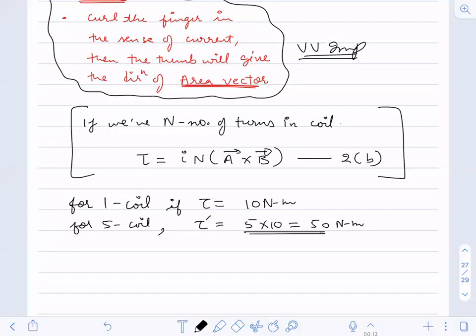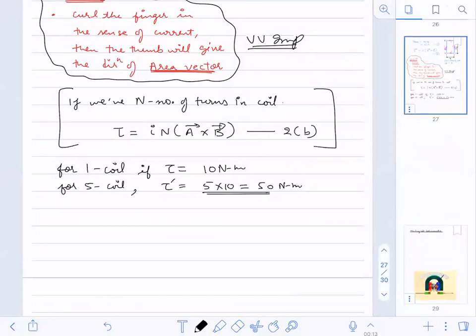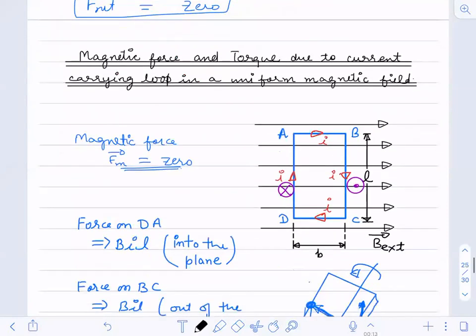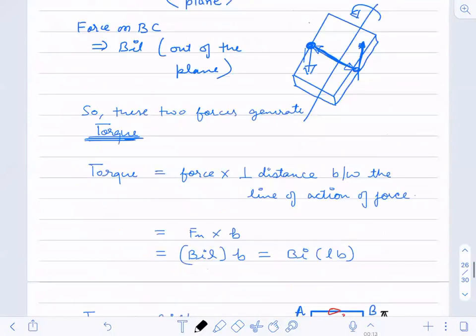Now here we have only seen when the magnetic field is just going simply through the coil. Suppose the orientation of the coil changes, so what will happen to the torque? What will happen to the force now?